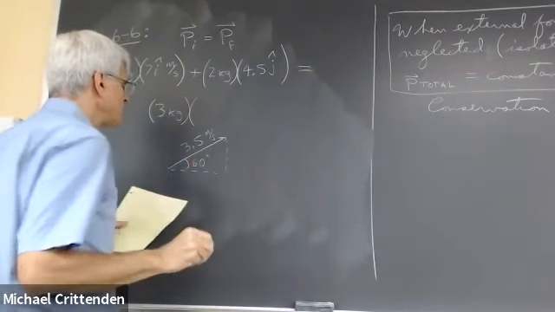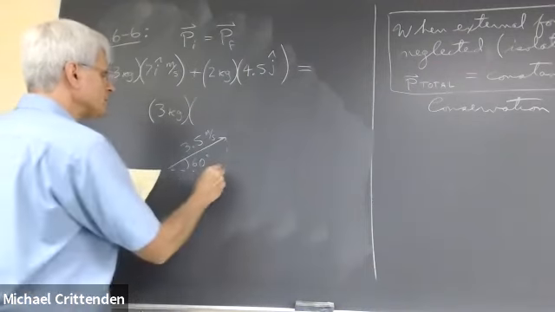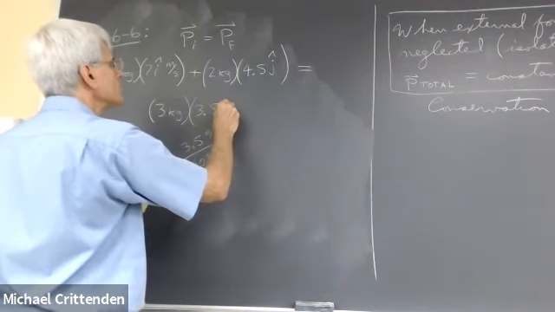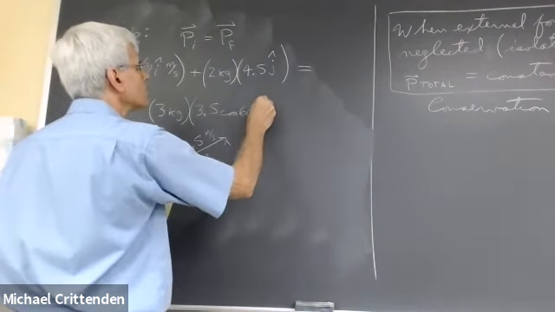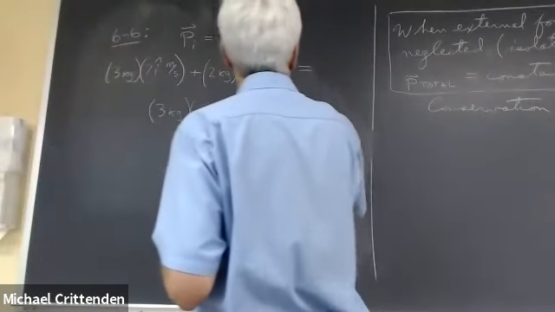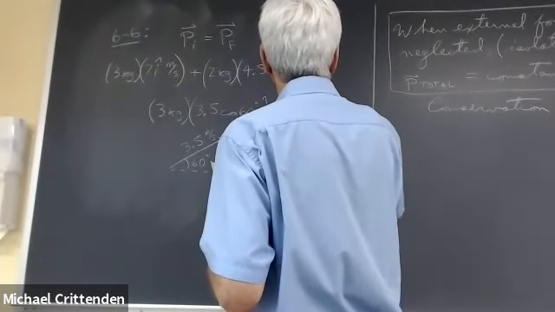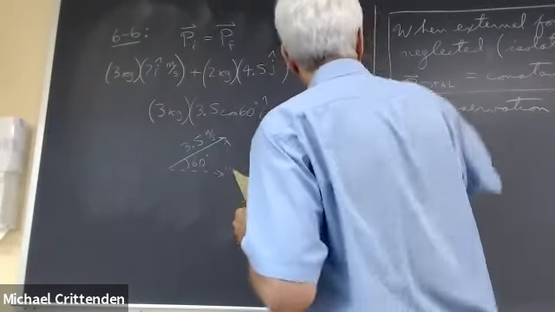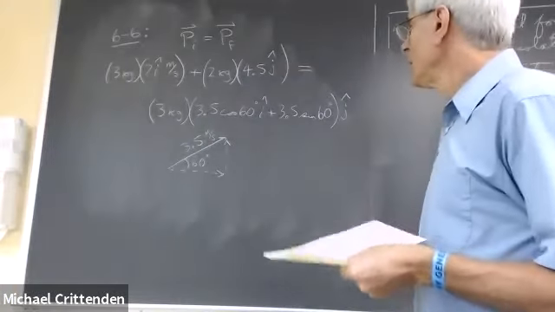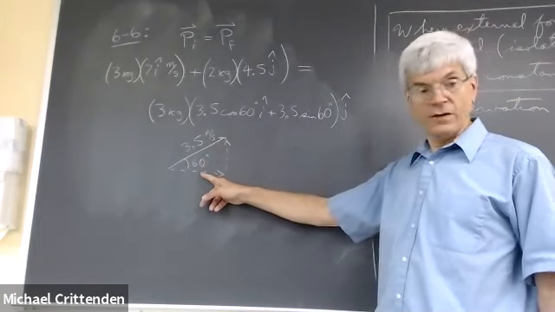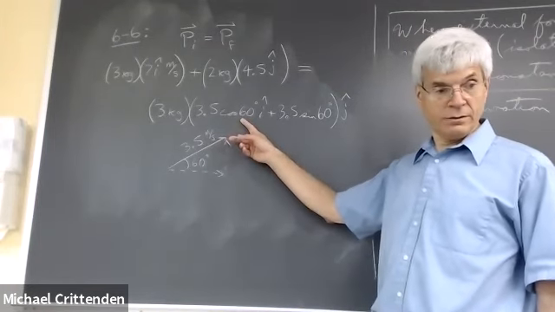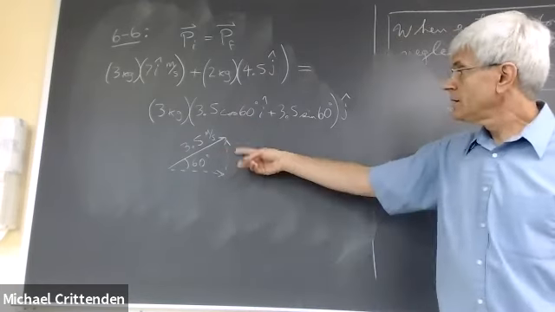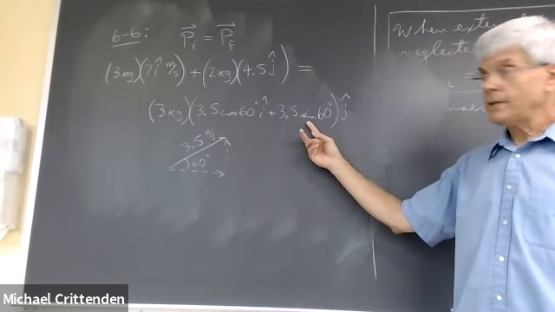Direction is 60 degrees above the x-axis. So hypotenuse times cosine gives you the x component that I wrote there, and hypotenuse times sine gives you the y component that I wrote there.